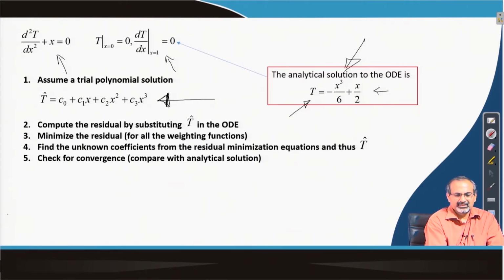provided that you have a trial solution over here which looks similar in terms of the highest order polynomial over here. We can expect that this solution may approach the exact solution fairly well.